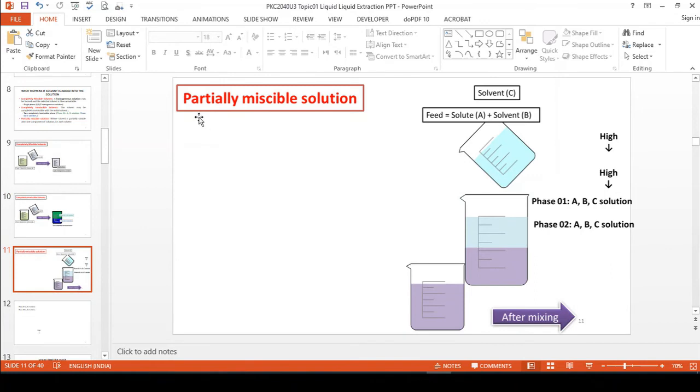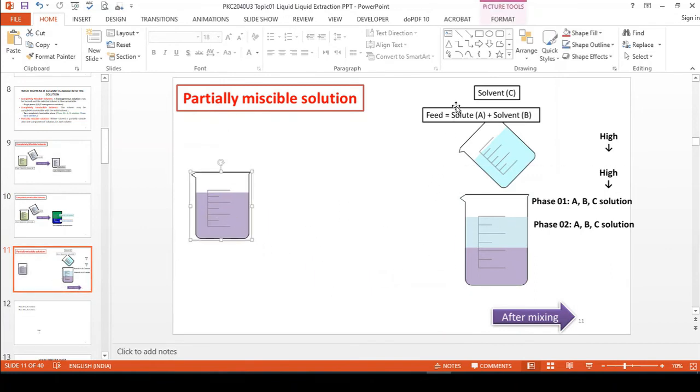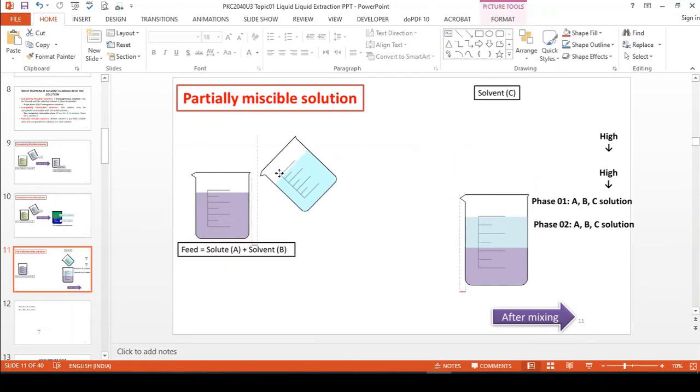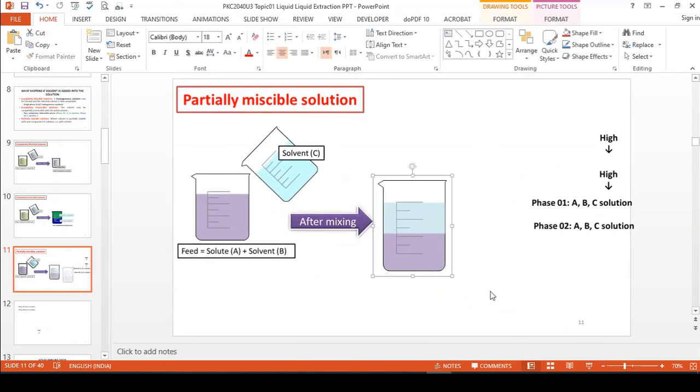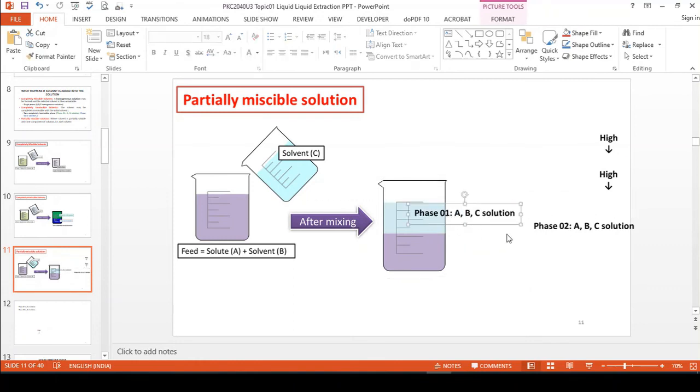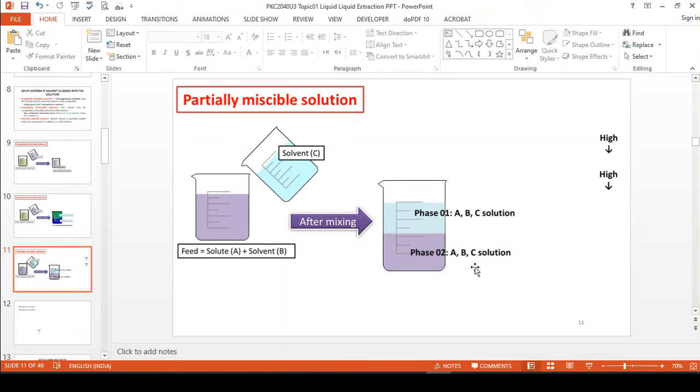The third one, which is useful for our calculation, is the partially miscible solution. In this case, suppose we have a feed of solute A and solvent B, we add a third material, solvent C, and after mixing we get two phases. In phase 1 we have all three materials, A, B and C in solution. In phase 2 also we have A, B and C in solution.